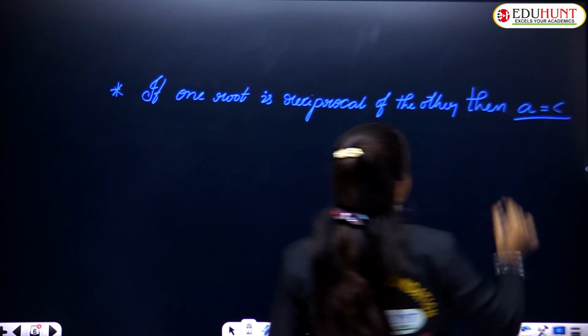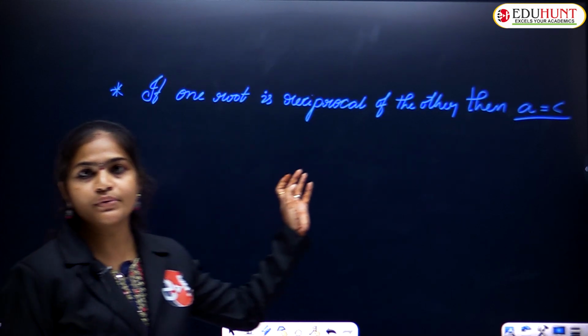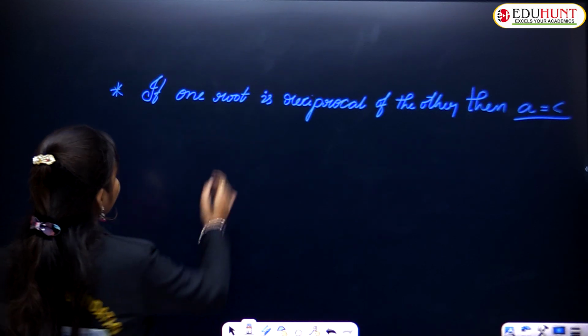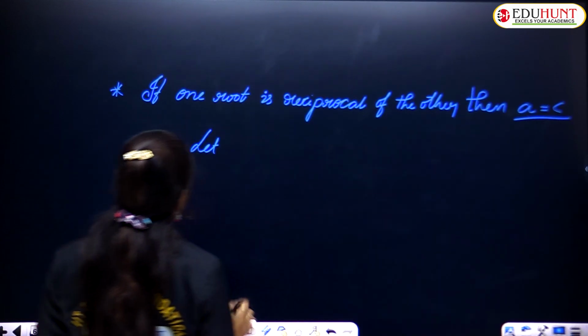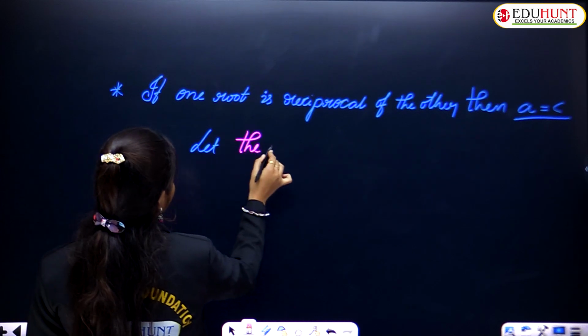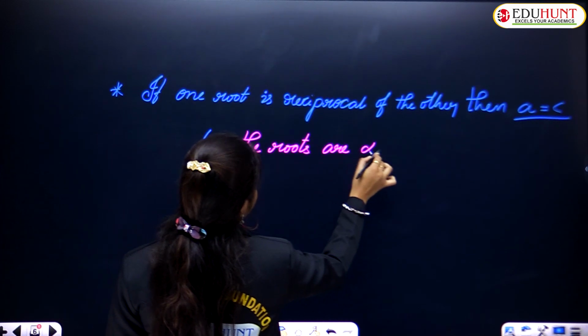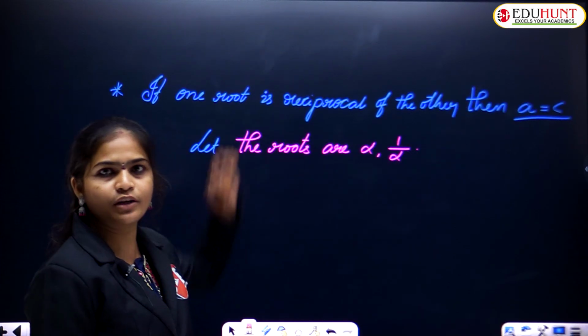A value is always equal to C. Let the roots be alpha and 1 by alpha. Yes or no? That one is only the meaning of the question.